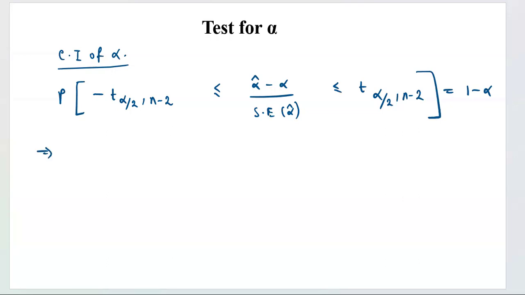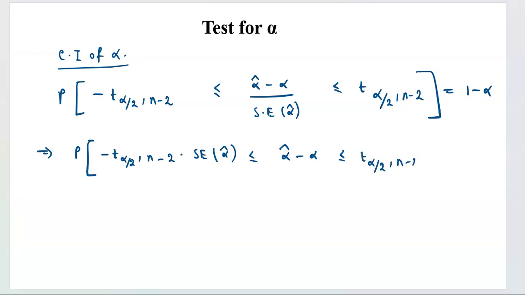Now we can simplify this: probability of minus t alpha by 2, n minus 2 into the standard error of alpha cap, multiplying this on both sides, less than or equal to alpha cap minus alpha, less than or equal to t alpha by 2, n minus 2 times the standard error of alpha cap. This will be 1 minus alpha.